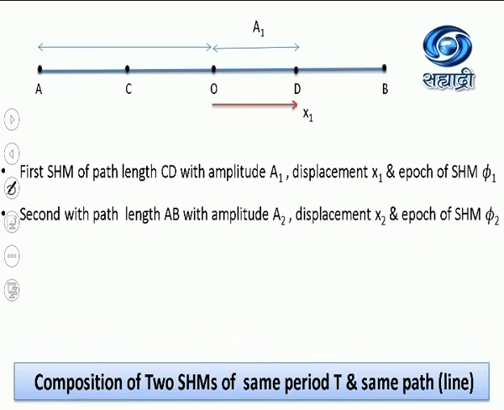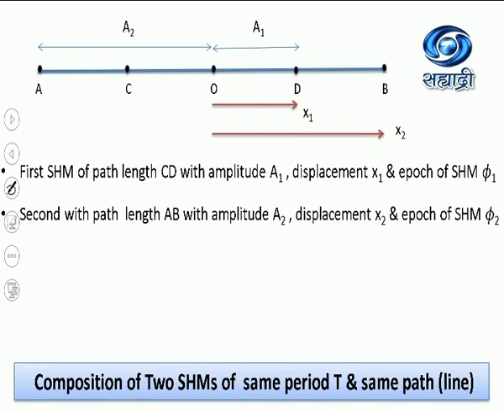On similar lines, the same particle is subjected to a second SHM of path AB with amplitude A2, displacement x2 and the epoch of SHM as phi 2. So AB comparatively is a longer path length as compared to CD. So the displacement of the particle is obviously more as compared to x1.